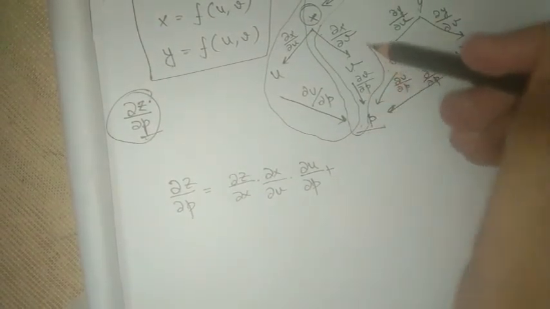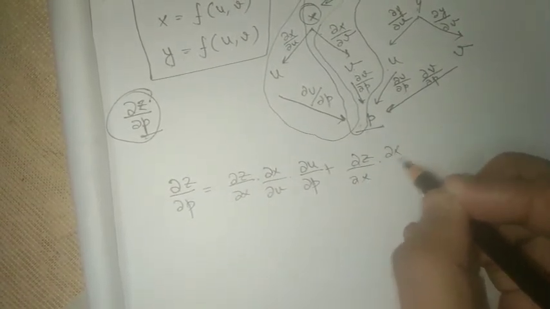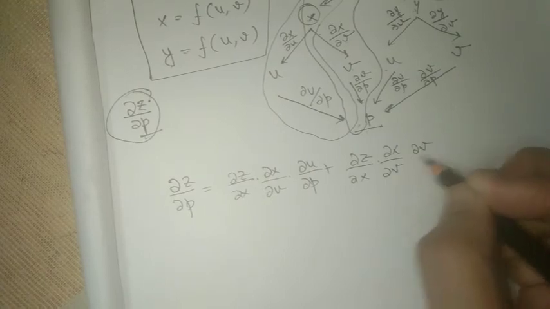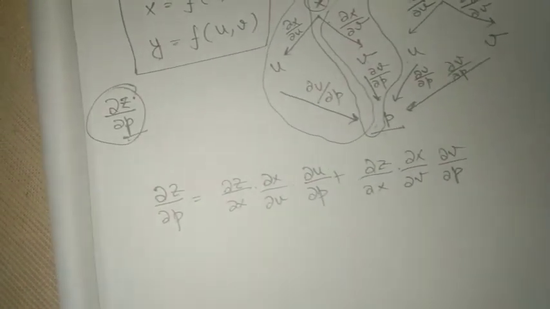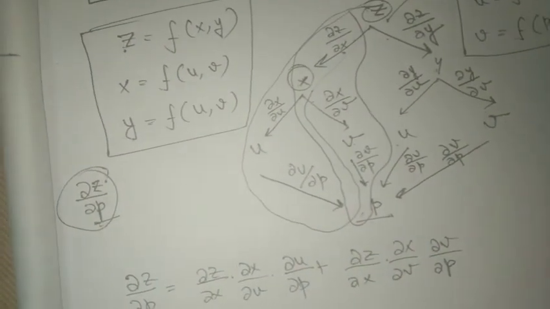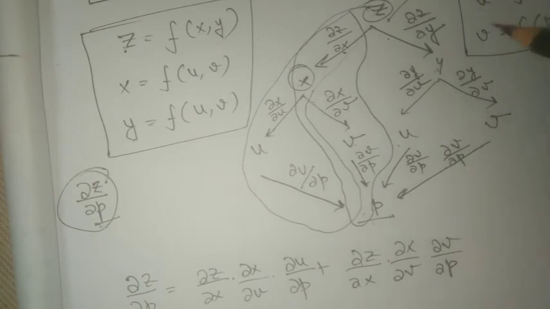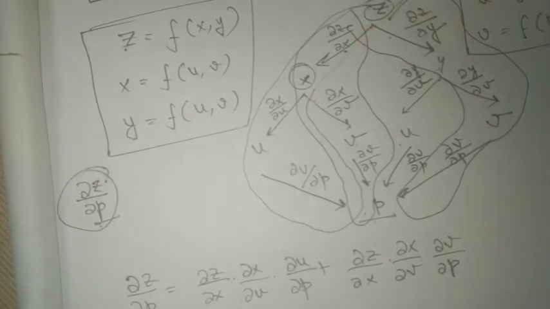This is another line, del z del x, del x del v, del v del p. Again another line. Which line may I say? Yeah, this line.